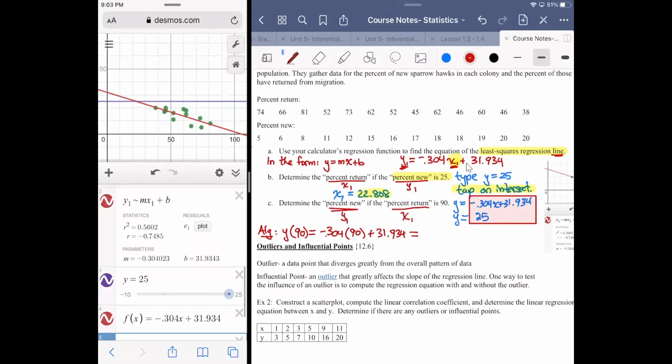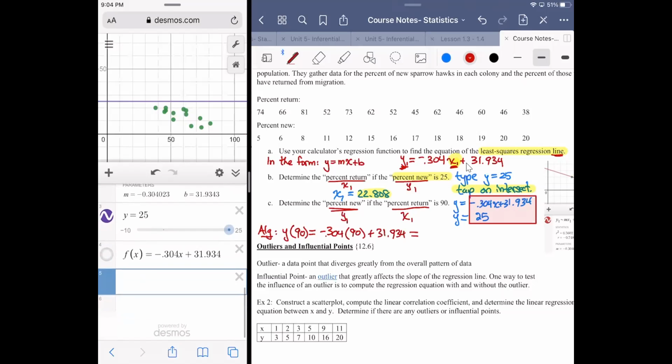I'll show you what that looks like. If I turn off the regression model, and if I turn off the one I just typed in, you see they both go away. But if I turn one back on or the other back on, they're both going to the same location. So they're the same function. You just have to type it in the second time, which is kind of aggravating, but it is what it is.